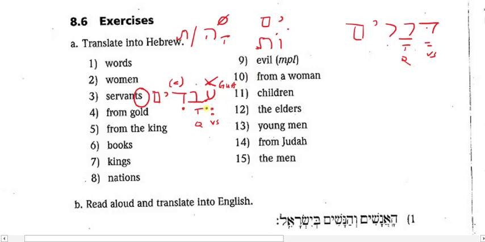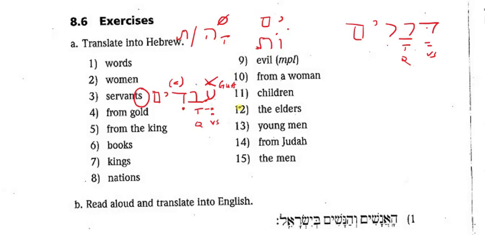Yeah, the A-class one. So I'm going to see that. So that's what I have to see. Okay? So avadim. So that's how you do it. Eved, one servant. Avadim, plural servants.